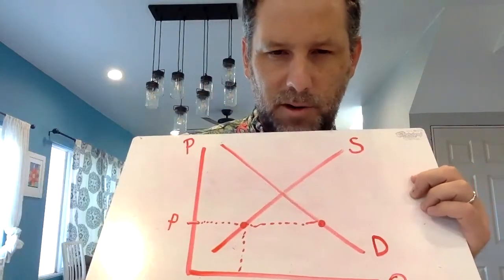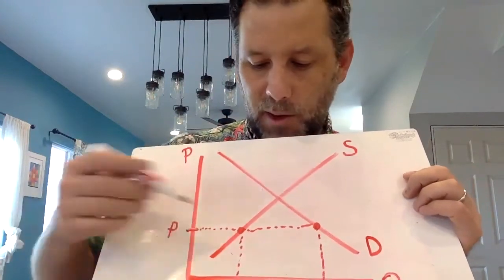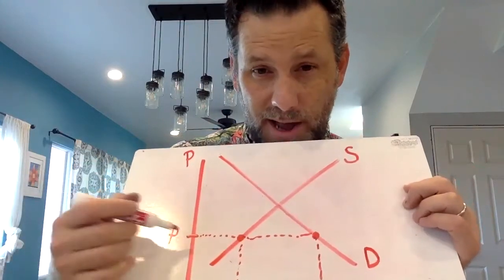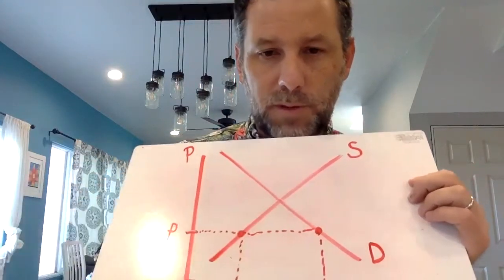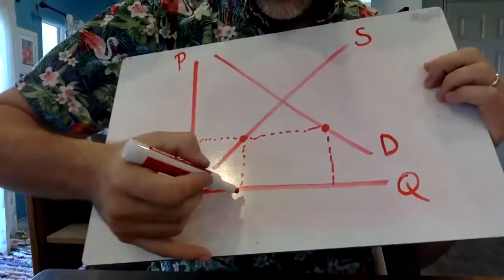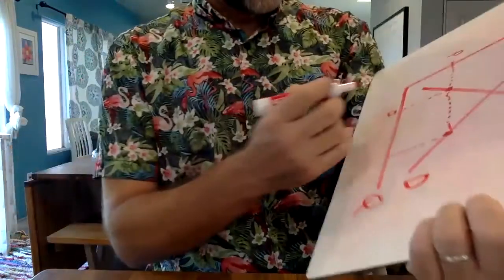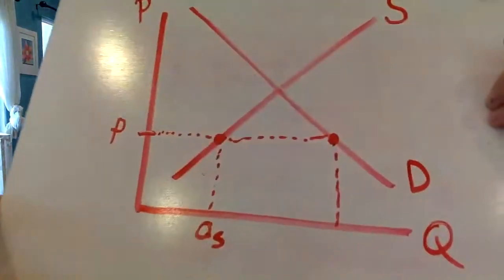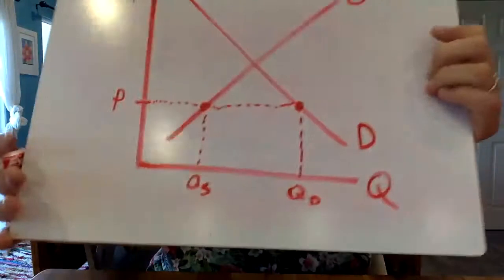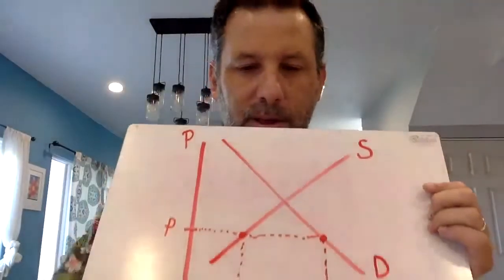I hit my demand curve right there, I go down, that would be my quantity demanded. So my quantity supplied and my quantity demanded are based on price. And we can show both of them on one graph. So down here, I could label this QS for quantity supplied, and I could label this other one QD for quantity demanded. All right, so we got them on the same graph.